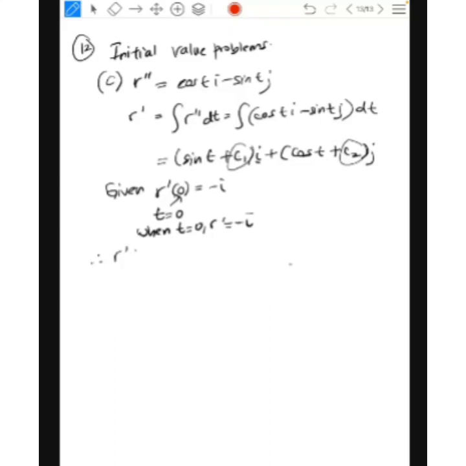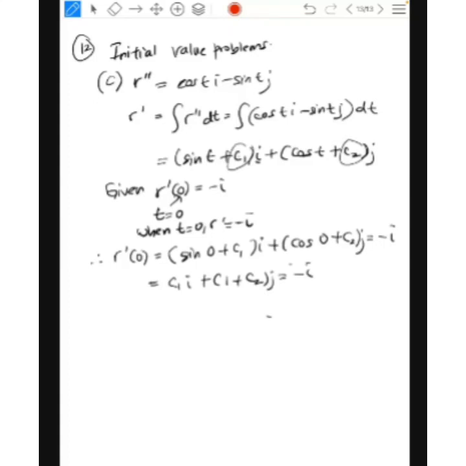R prime 0 will be sin 0 plus C1 i plus cos 0 plus C2 j, and everything equals negative i. Sin 0 is 0, so C1 i, cos 0 is 1, plus C2 j equals negative i.